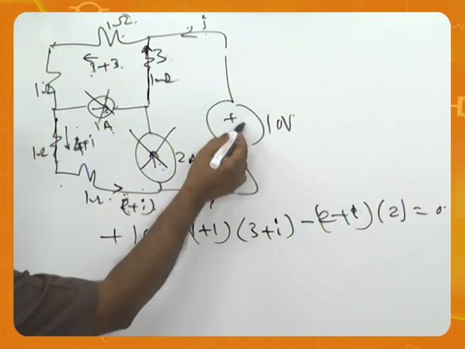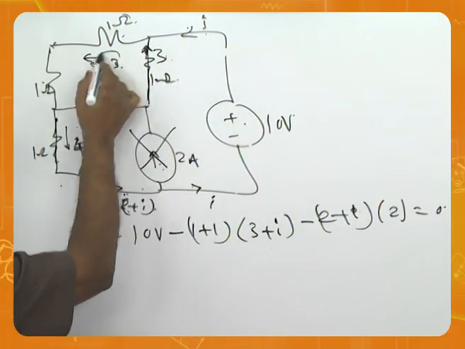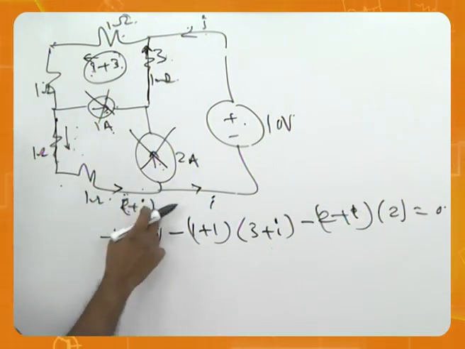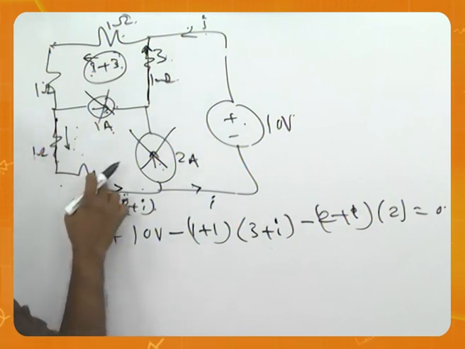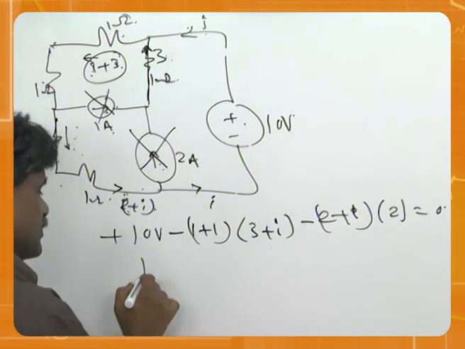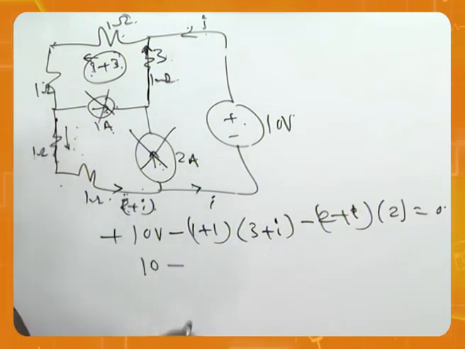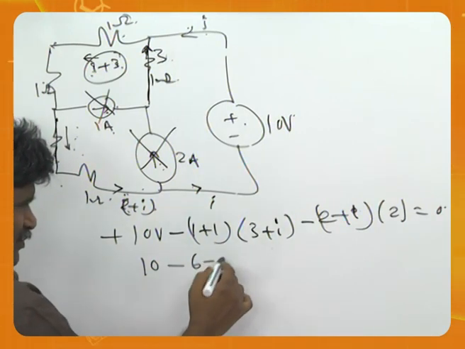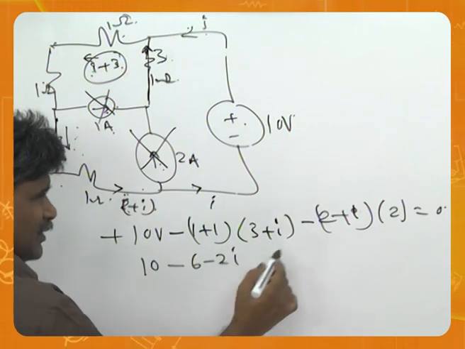Therefore 10 minus 1 plus 1 into I plus 3. Then instead of saying 4 plus, you can say 2 plus I into 2. Therefore this becomes 10 minus 2, 6, minus 2I.